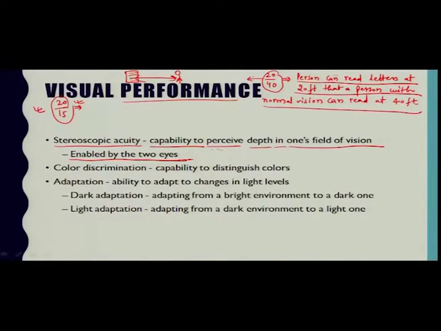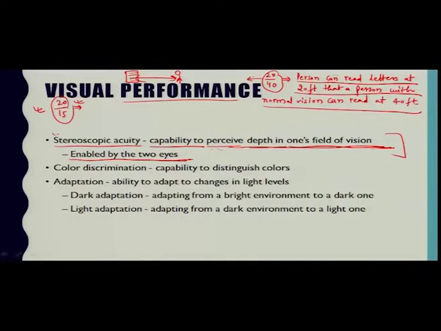So thus estimating the distance of near objects is much more accurate than for far away objects. The ability to perceive depth in one's field of vision is especially important in tasks like driving a truck or operating a crane or firing artillery shells at a distant enemy position, and so on and so forth.